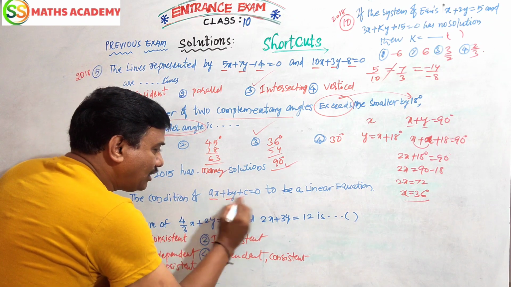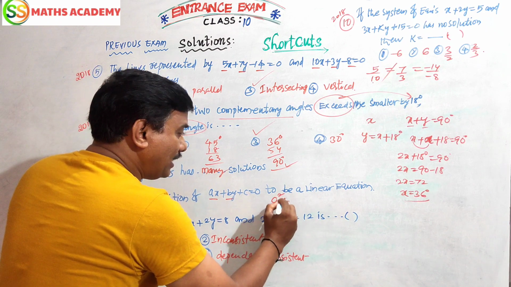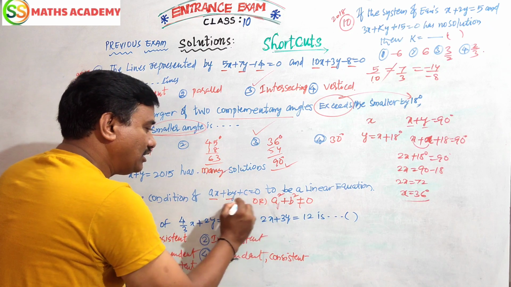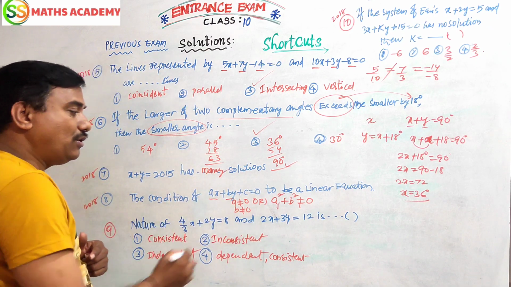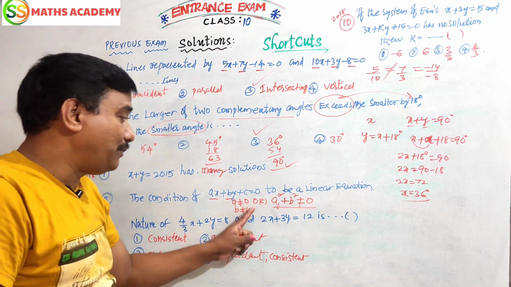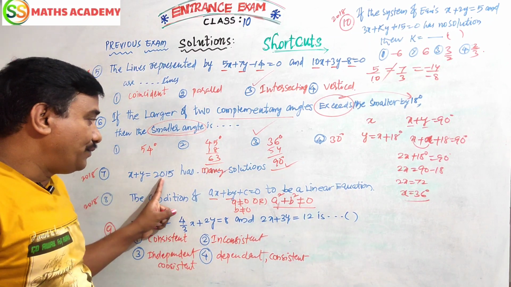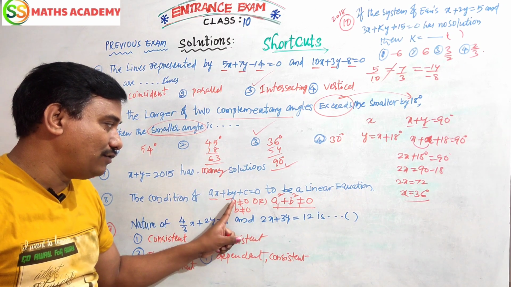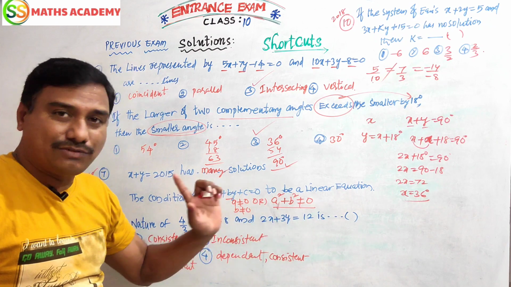Here a not equals 0, b not equals 0, or a square plus b square not equals 0. These are the two conditions you keep in your mind. Sometimes a square plus b square not equals 0 also. This is the main condition for it to become a linear equation. Okay. 2015 has many solutions.